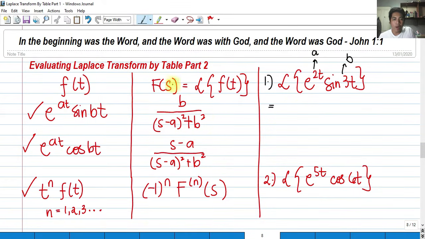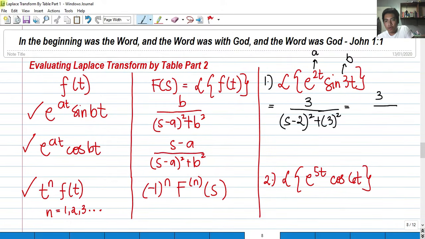So if we plug this into our formula, we have 3 over s minus 2 squared plus 3 squared, and that corresponds to 3 over quantity s minus 2 squared plus 9. And this should be our answer for the first problem.